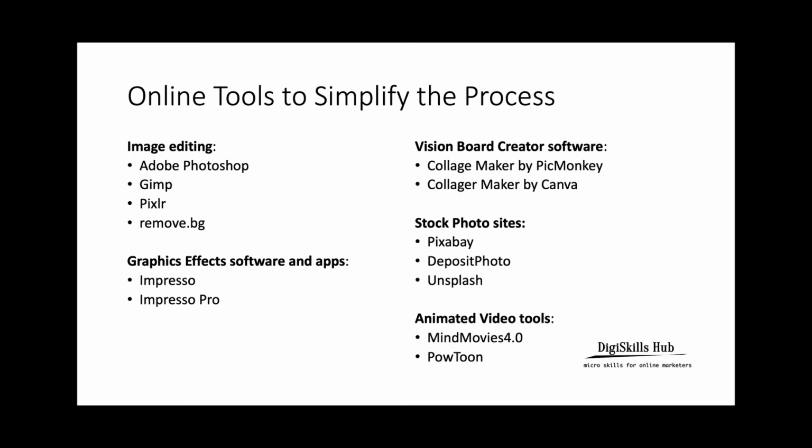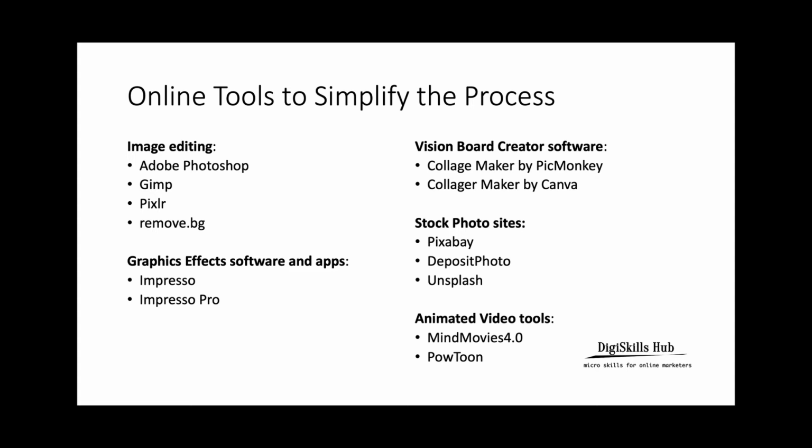Now, there are lots of tools you can use to simplify the process of creating your images for your vision board. I've put a few of them up here for you to take a look at. And whether you use them or not really depends upon your preference and whether or not you're comfortable using that kind of technology. One thing I would like to point out to you are the sites where you can get stock photos.